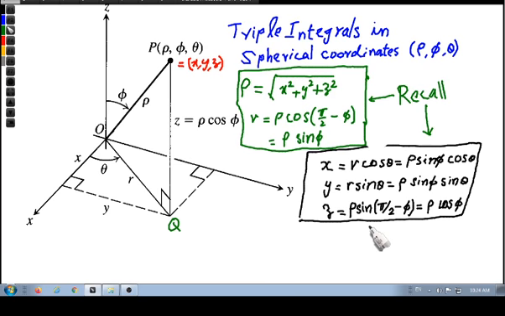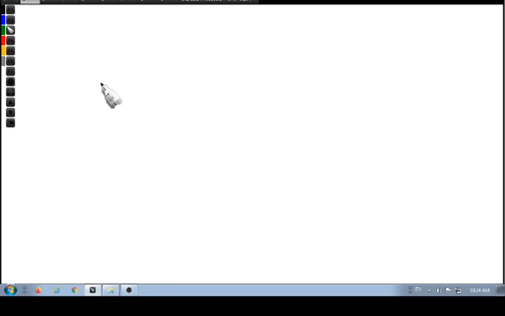Now we will go to triple integrals. So suppose that you have a region or domain D in the spherical space. These are the coordinate axes x, y and z.